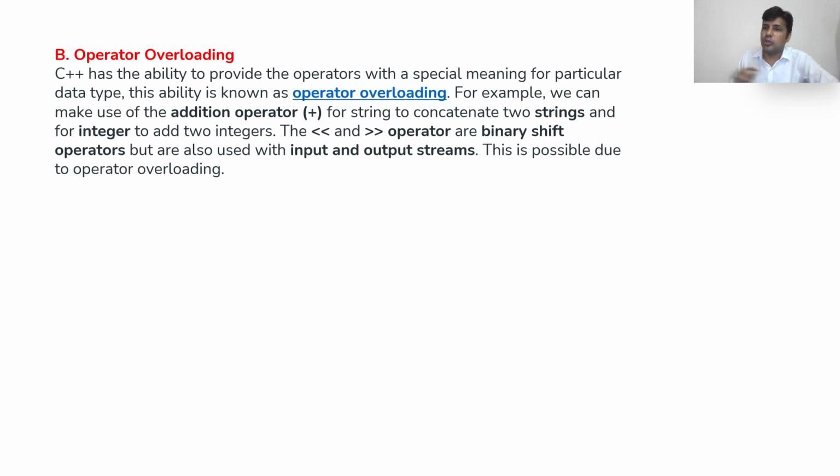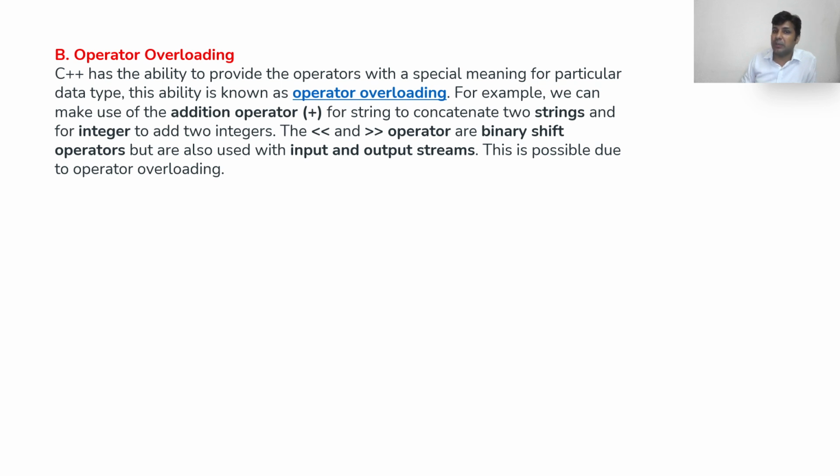For example, if I use the plus symbol for two integer values, it will return the addition of the numbers. If I use the plus symbol between two strings, it will act as concatenation. So in different places, the same plus symbol acts in a different way. Same with the less than and greater than symbols: if we use two less than or two greater than symbols, it can be used as a binary shifting operator.